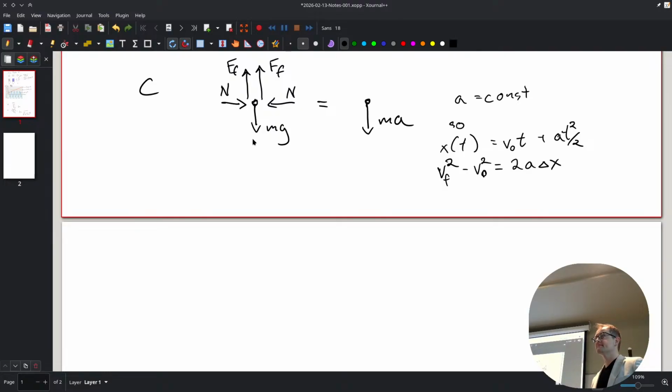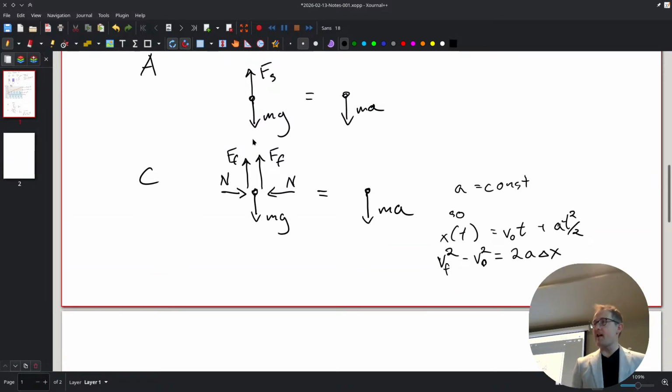Why is the net ma pointing downwards for case C? It was pointing down for A2. You can choose whatever you want, but you have to be consistent.